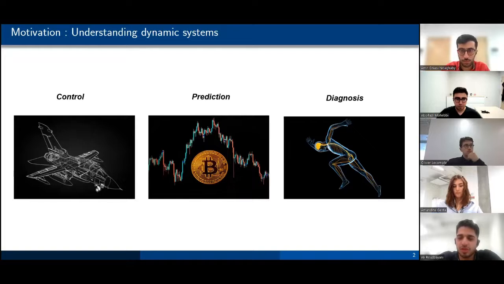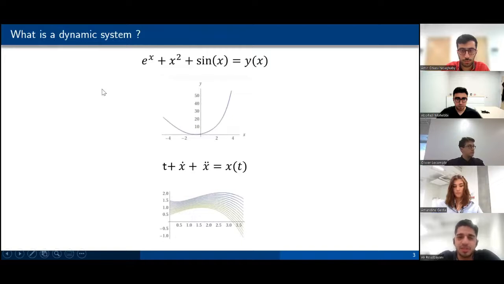So first, I'm going to talk about the term dynamic. What does it mean when we say a system is dynamic? I'm going to use a little bit of mathematics here because I believe this is a more intuitive way to do it. A static equation or a static relationship is a relationship between two variables such as x and y on the top, where the value of the output, which is y in this case, only depends on a specific value of the input.